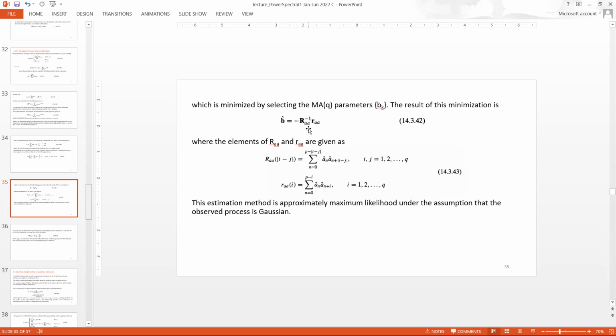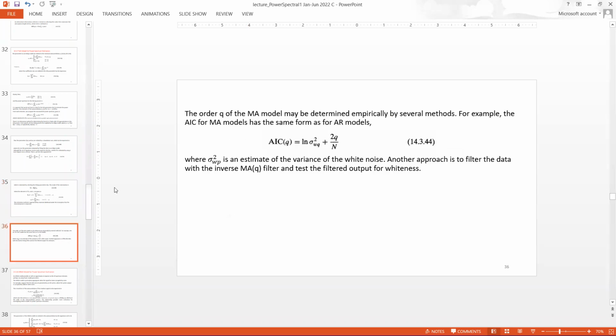So a matrix বোঝানোর জন্য বোল্ড হাতে লেখা আছে। For your writing, you don't have to write it bold. For exam purpose, you can write without making it bold.